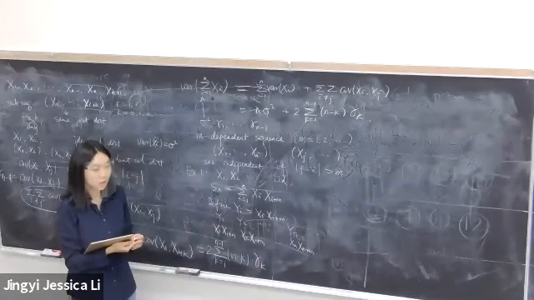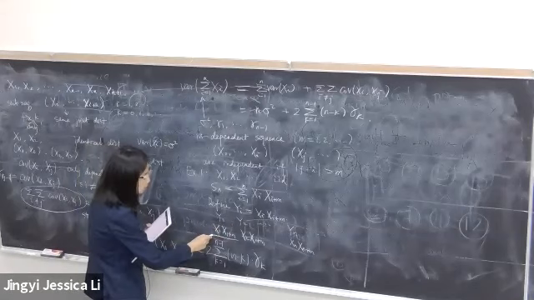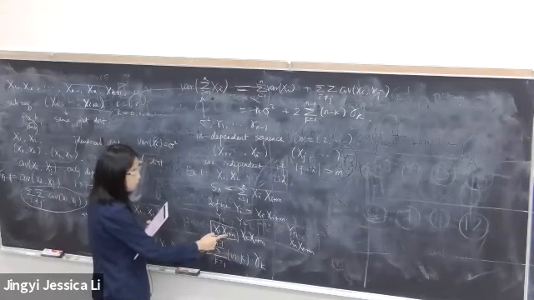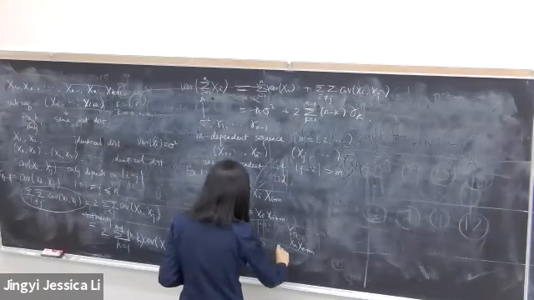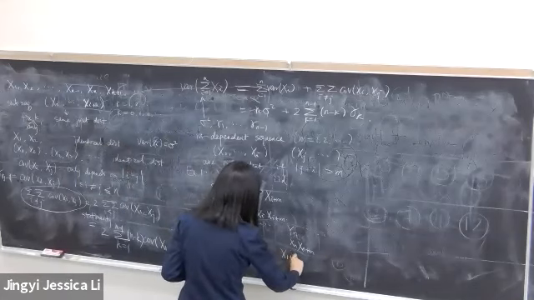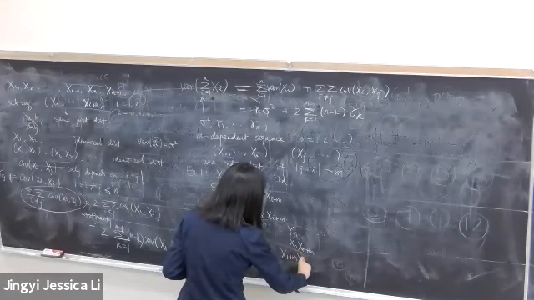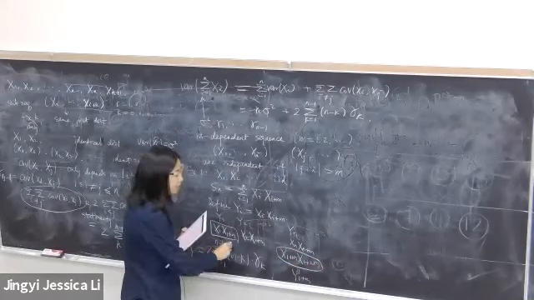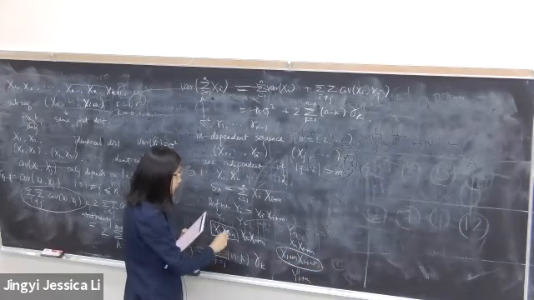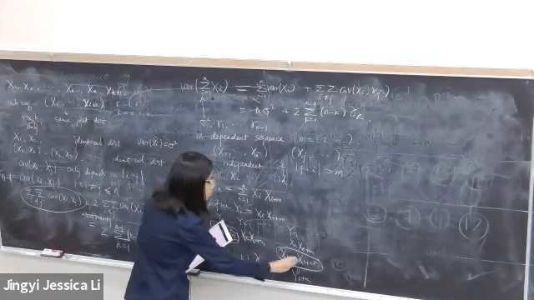The answer is no, because you see this term is involving x1 plus m. And somewhere in my sequence, I may have x1 plus m times x1 plus 2m, right? This would be my definition of Y1 plus m. So I will encounter a term later in the sequence that shares x1 plus m.